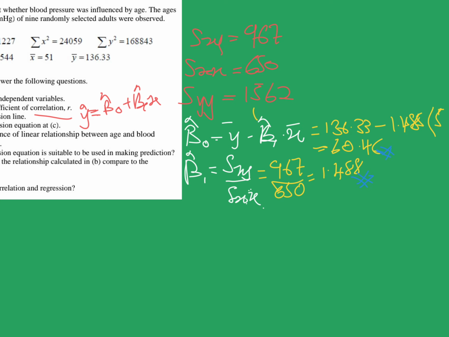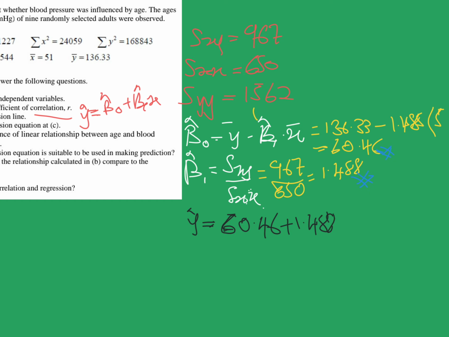in our formula, put it in our model. Okay, so let's write it down. So the model is y hat equal to beta naught hat, which is 60.46, plus beta 1, 1.488.